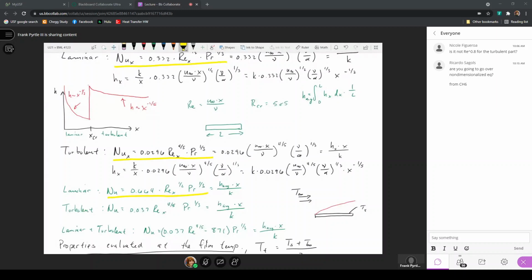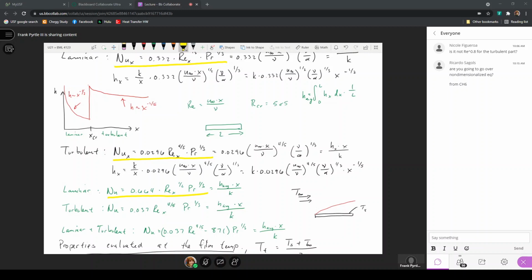But that only applies to the laminar region, because x varies to the minus 1/2. When you integrate through the expression, you get an average value that's twice the value at the trailing edge. That's not true for the turbulent region, because there x varies to the minus 1/5.